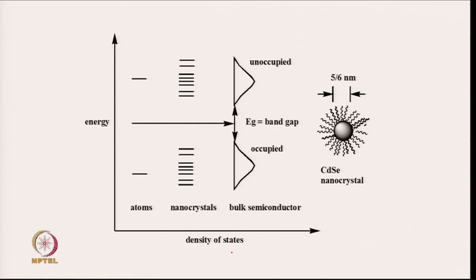This is energy versus density of states. If density is low, you have discrete energy levels, and for nanocrystals you have something like this, and for a bulk semiconductor you have an occupied level here, an unoccupied level here, and the difference between the 2 levels is known as the band gap, and the band gap will depend on the size.